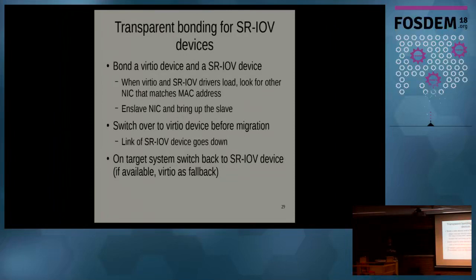For migration, we could just put the link of the SR-IOV device down and switch over to a VirtIO device, do a migration, and on the target system see if there is another capable SR-IOV device that we can use for the data path. If not, we could just use the VirtIO device.